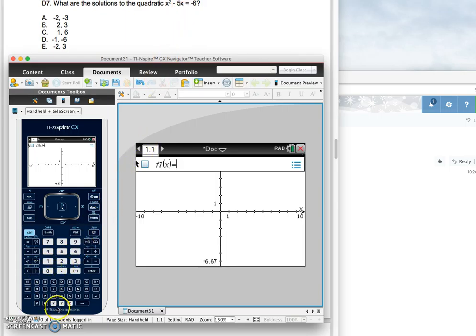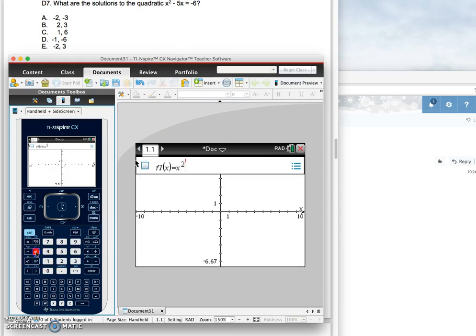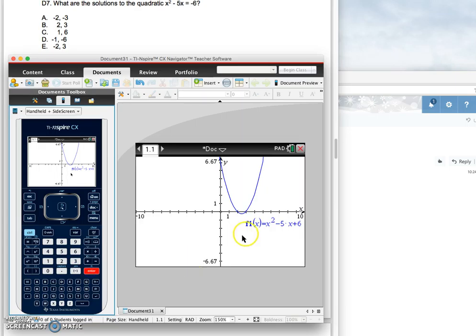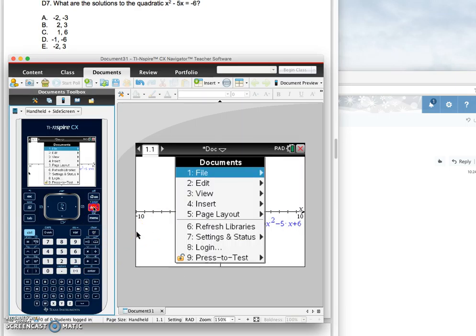So we've got x squared minus 5x, that didn't change. When we move the negative 6 over, it becomes a plus 6, and then we just graph that, enter.